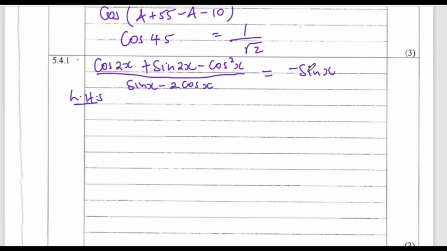And then on my right-hand side, I'm only having sine x. All right, what am I going to do? Let me change this. I'm going to change everything to a sine, if possible. Okay, so I'll break down the cos 2x into something like 1 minus 2 sine squared x.